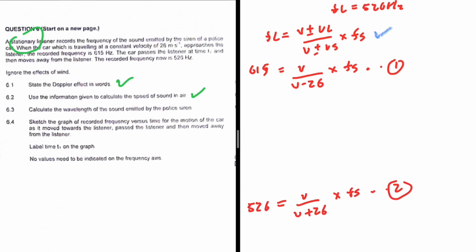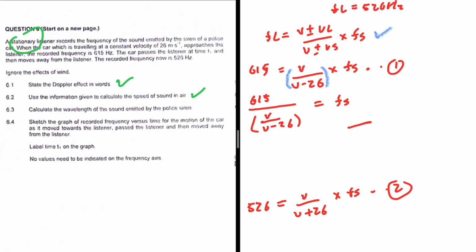With equation 1, we're going to say 615 everything divided by V divided by V minus 26 equals Fs. We're just dividing everything by the coefficient of Fs. But we can switch that division into a multiplication, right?